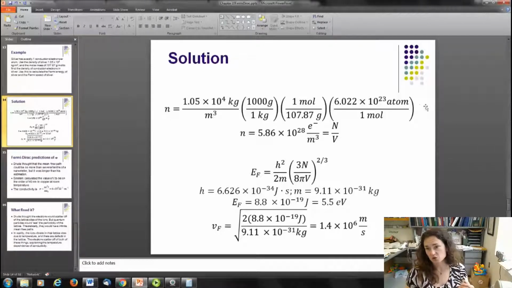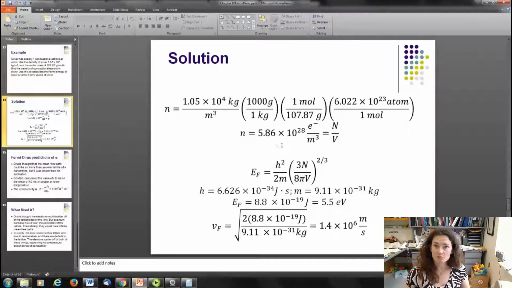And then there's an understood 1 out here because for each atom, 1 conduction electron is contributed. When you multiply by all the numbers on the top, divide by everything on the bottom, you get 5.86 times 10^28 conduction electrons per cubic meter.